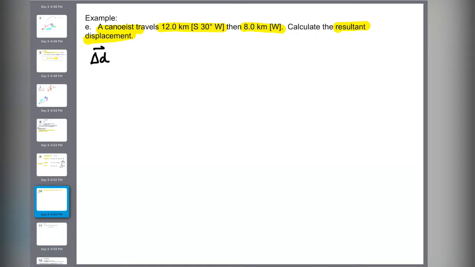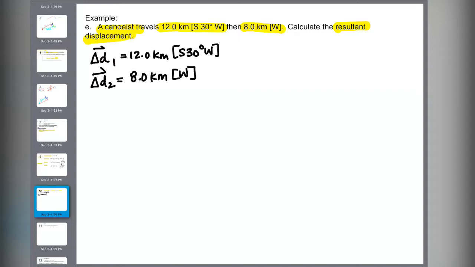And there are two displacements, so I'm going to call this delta d1, 12 kilometers south, 30 degrees west. And then it keeps going with the second displacement, so we're going to call it delta d2, 8.0 kilometers west.